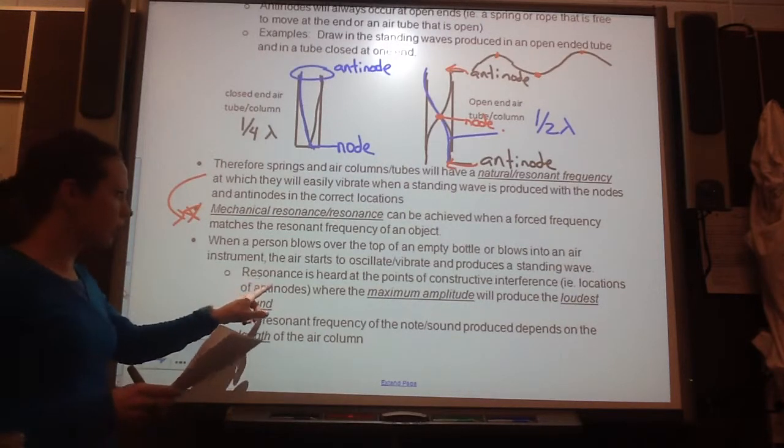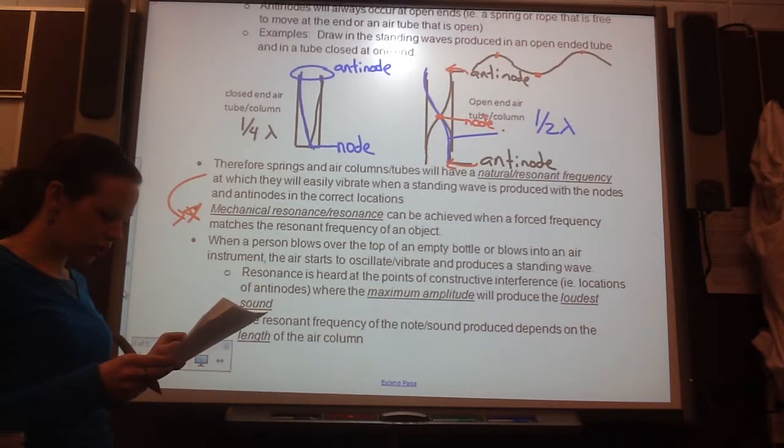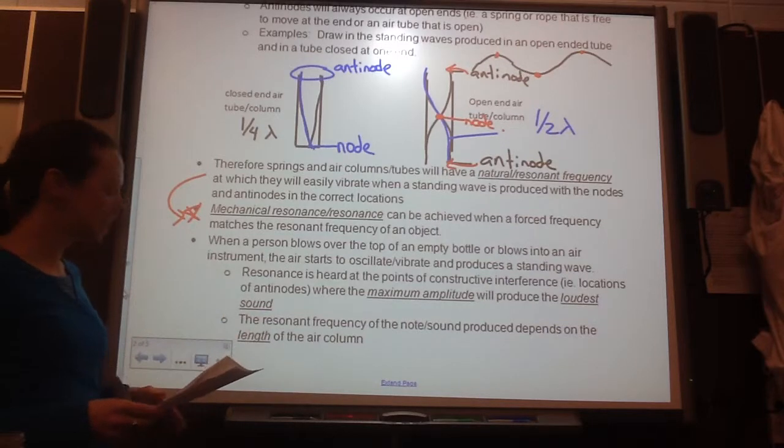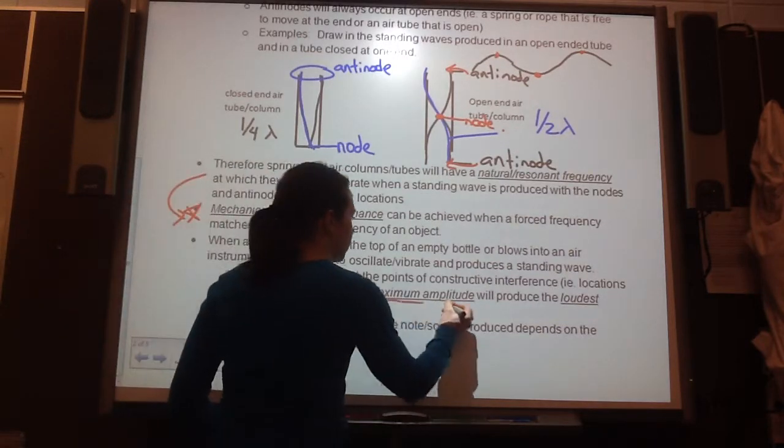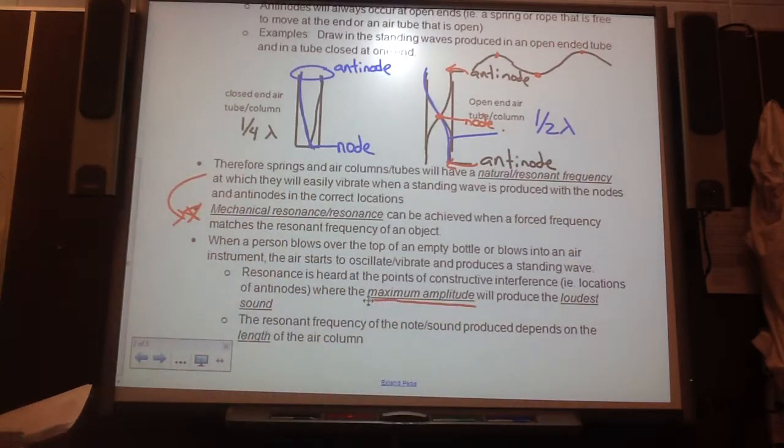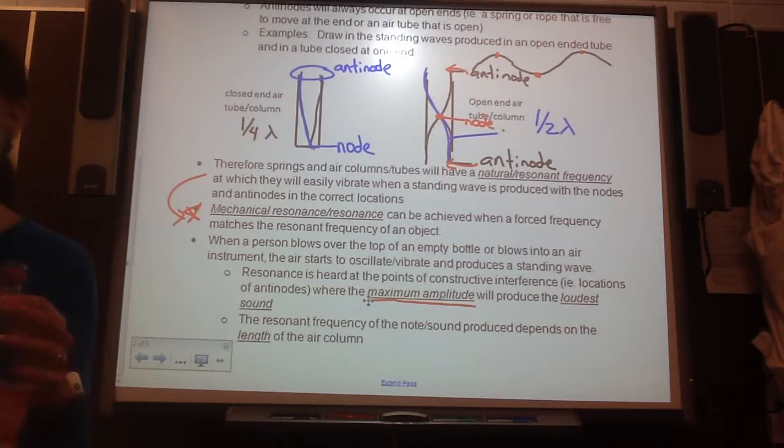Okay, so resonance is heard at the points of constructive interference where the maximum amplitude will produce the loudest sound. So I needed to find the right type of force to blow into the bottle to have the right frequency.